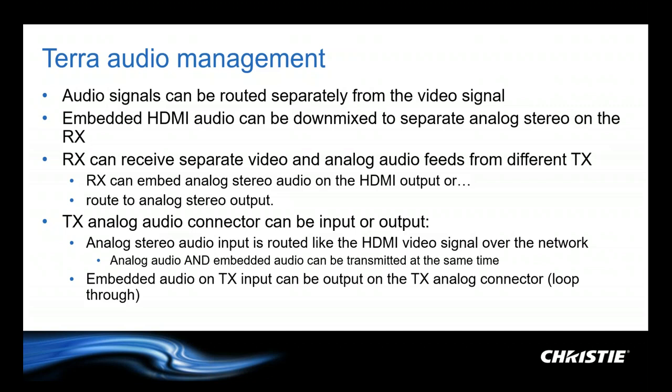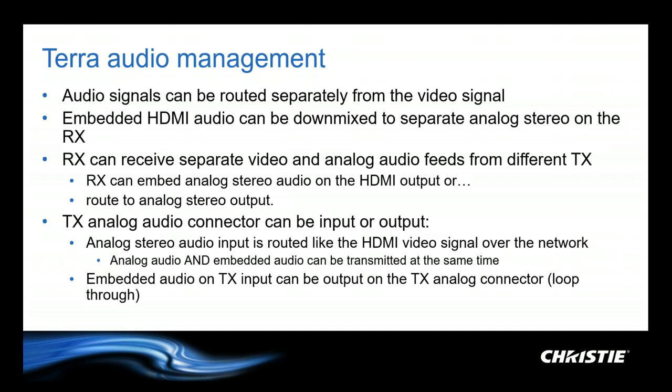It's up to you to decide what you want to do. So an RX can receive separate video and analog audio feeds from different sources, and the RX can embed the analog stereo audio onto an HDMI output or route the audio to the analog stereo output. So you've got a lot of flexibility there of what you can do with audio.